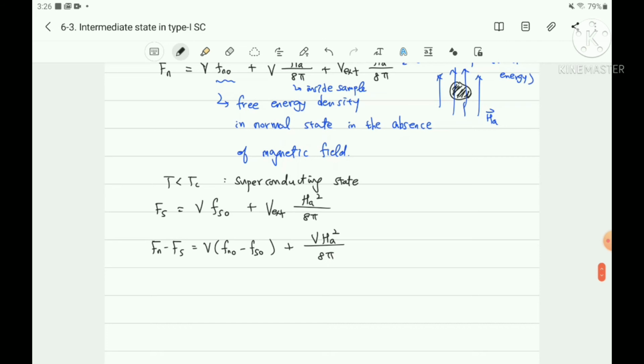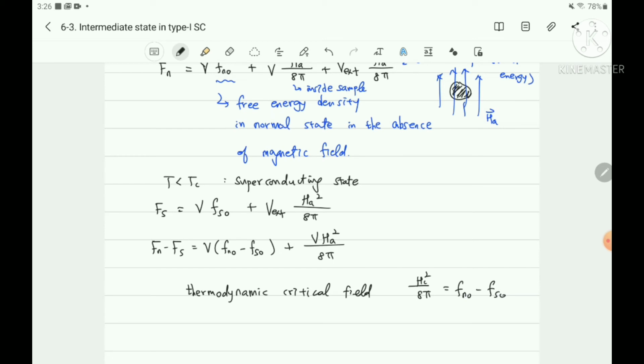And thermodynamic critical field, let's denote that at critical field, and at critical field energy, Hc square over 8 pi, then exactly, it is magnetic field energy difference, Fn0 minus Fs0.